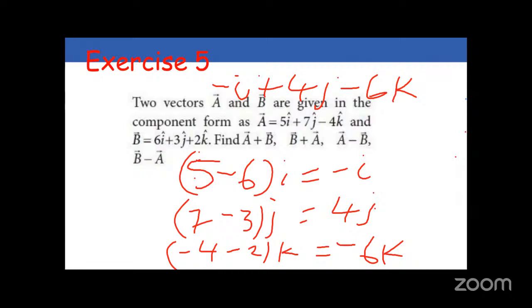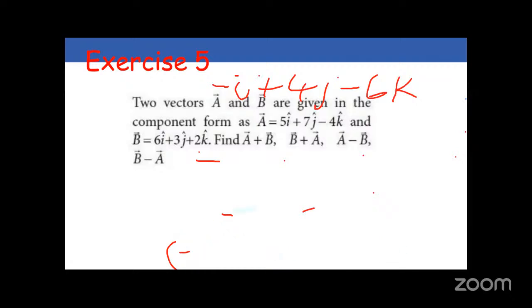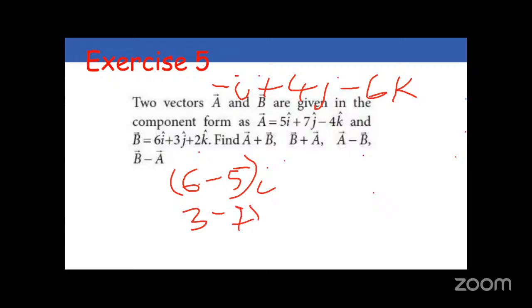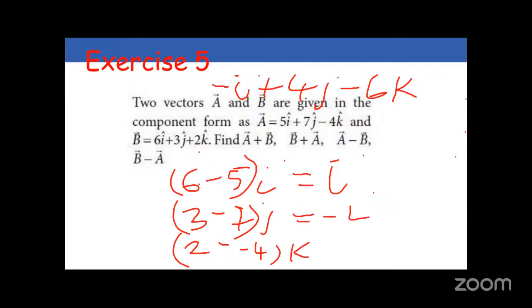Now let's also find vector B minus A. Vector B, which is 6 minus 5i, and 3 minus 7j, and 2 minus minus 4k. So this is i minus 4j plus 6k.